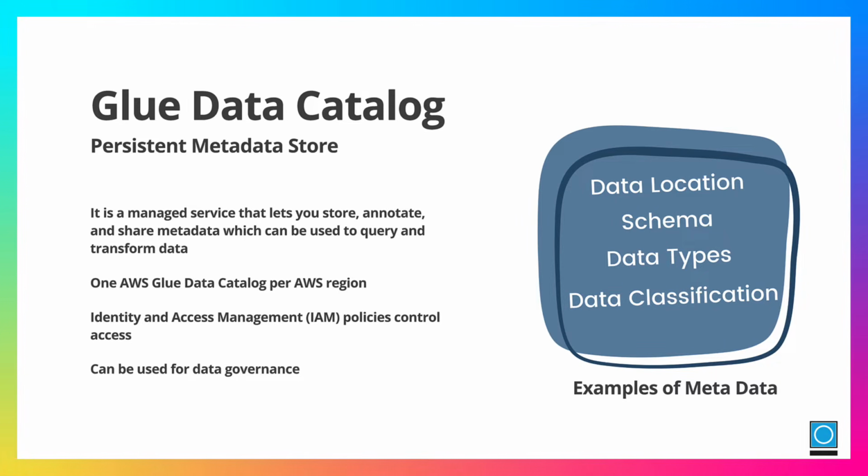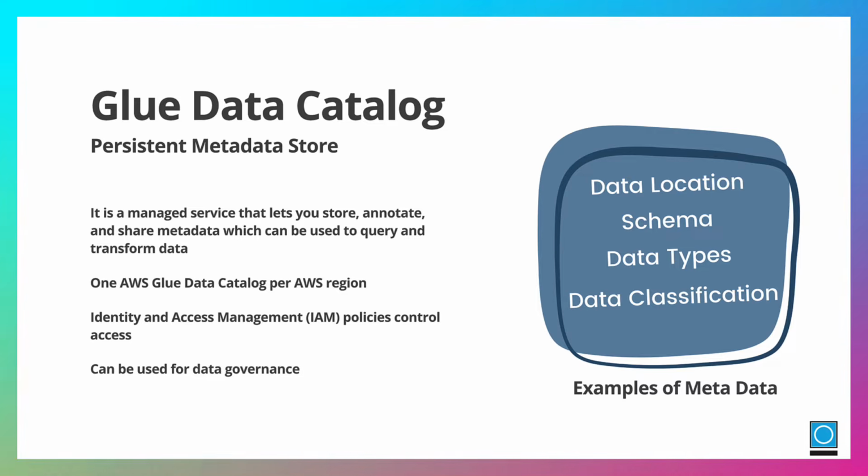When I register it with the Glue Data Catalog, it will store the location, the schema, the data types, and even the classification of that data in the Glue Data Catalog. What it does not do is move the data to AWS Glue. It keeps it inside that database. It stays where it is. This is just a pointer and information on how to access that data. And that's the key thing.